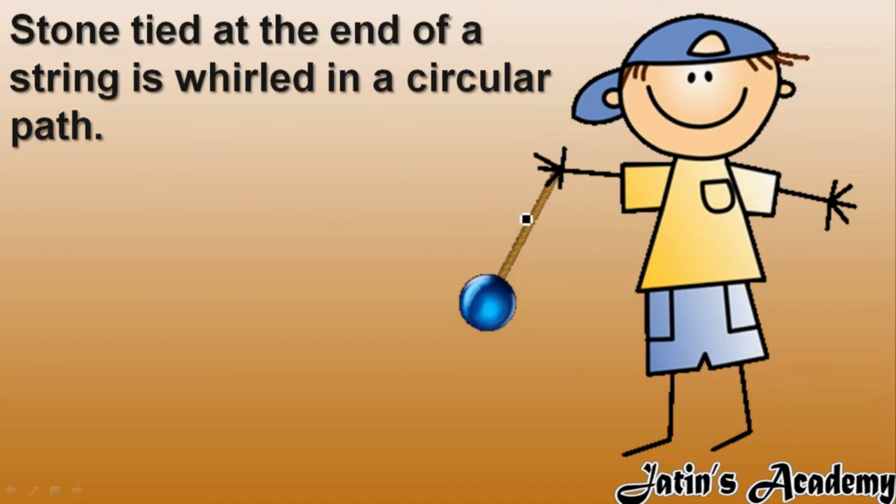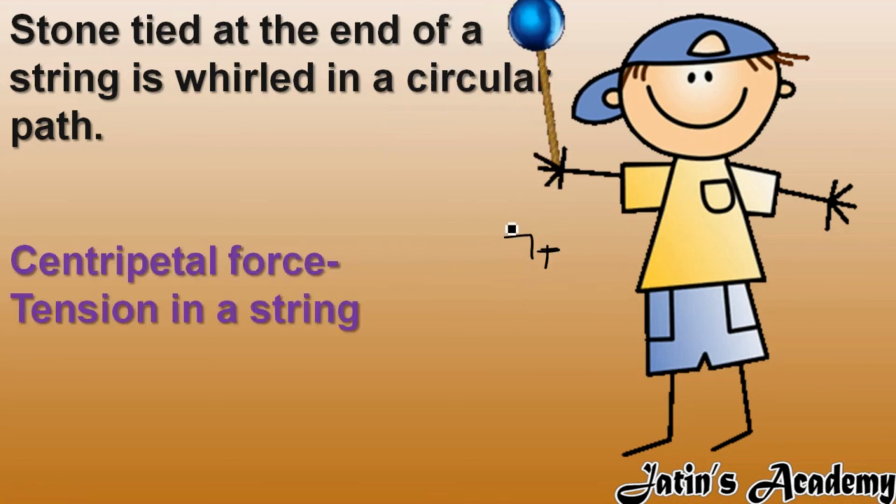This thread or rope applies some force in this direction. This force is called tension in the string. So here the centripetal force in this case is the tension force in a string. So in each and every case the centripetal force name is different. At some places the centripetal force is electrostatic force, gravitational force, or tension force. So according to the nature of the situation, the centripetal force keeps on changing.